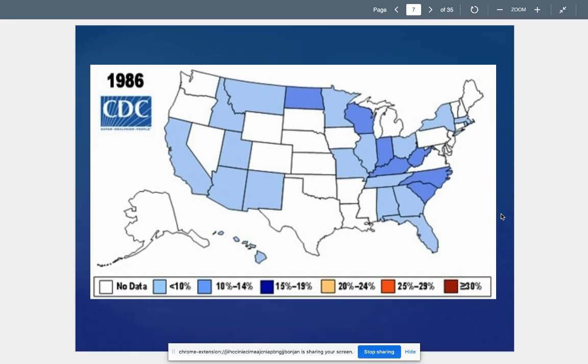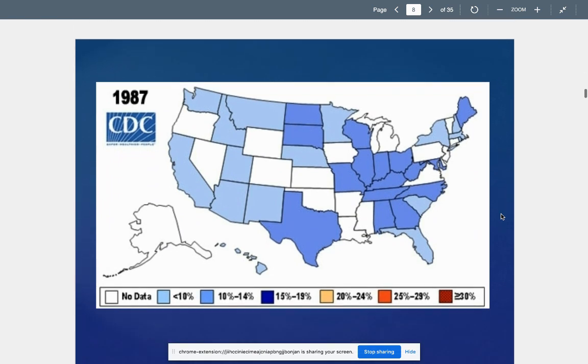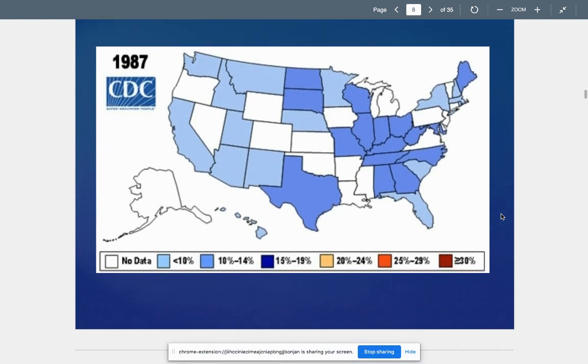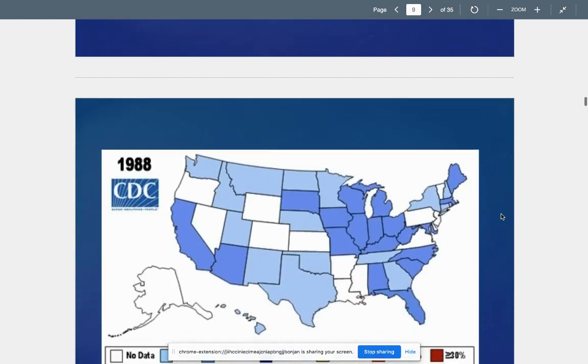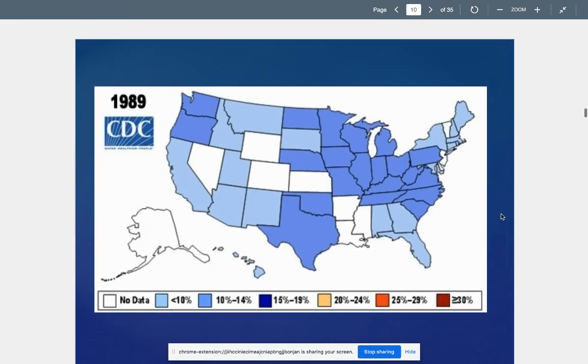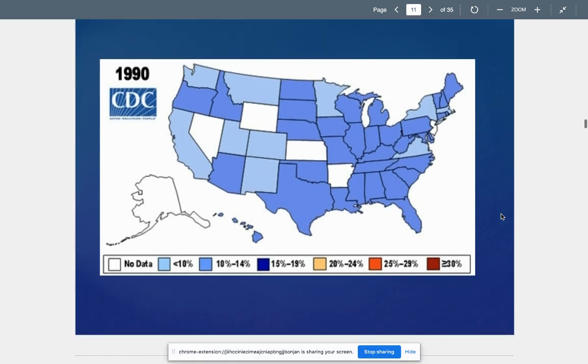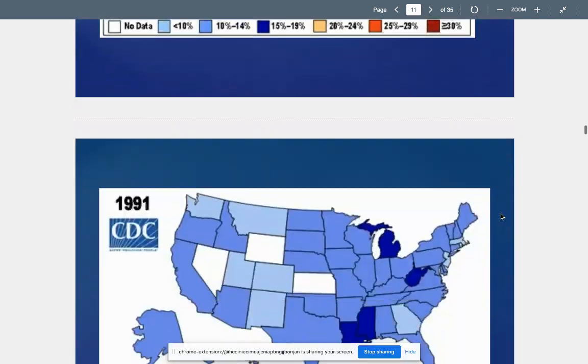So we continue to go up, getting a little darker in North Carolina, getting darker across the United States. 88, we're already getting blue in a lot of the states, just a few missing. Keep continuing, getting really dark.